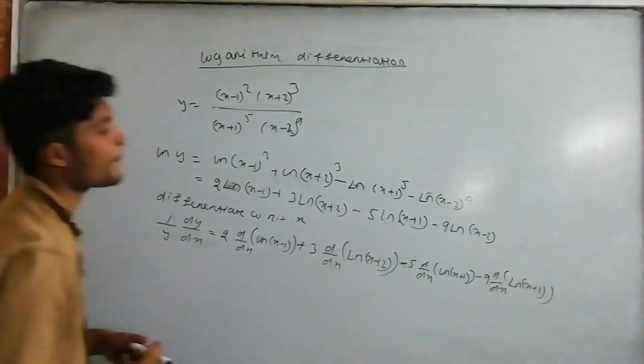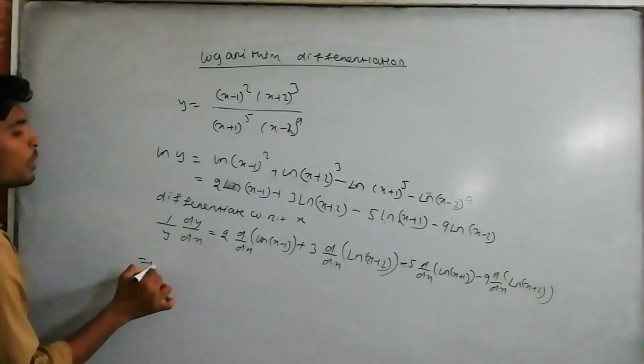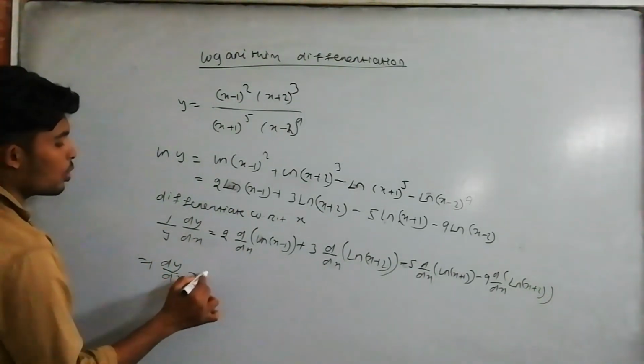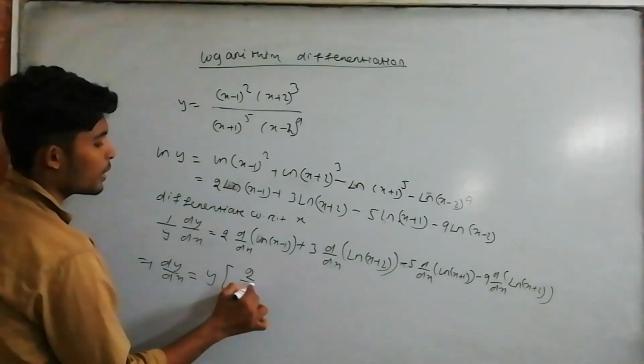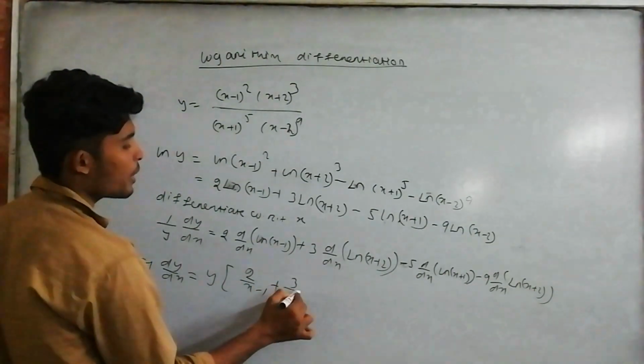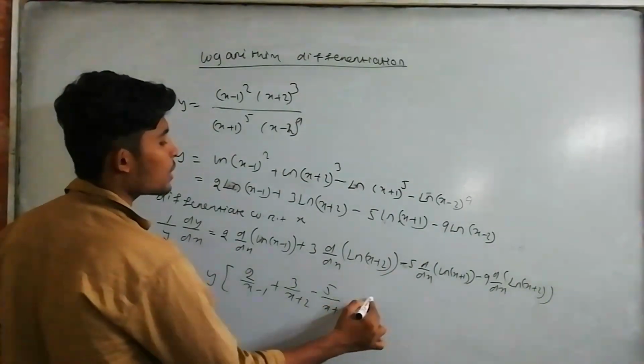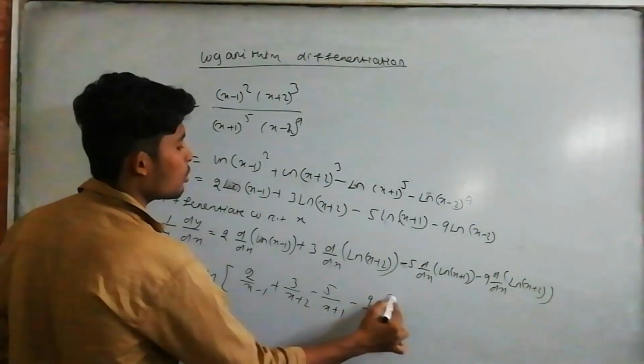So what do you get? Taking y to the other side, dy/dx is y times (2 by (x minus 1) plus 3 by (x plus 2) minus 5 by (x plus 1) minus 9 by (x minus 2)).